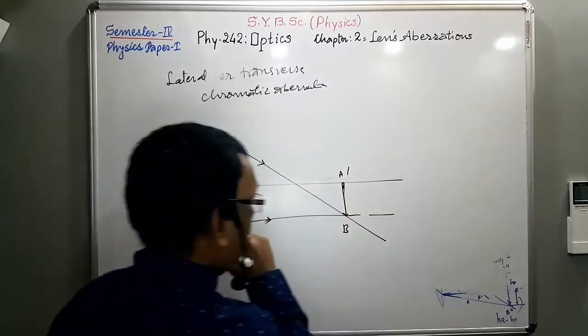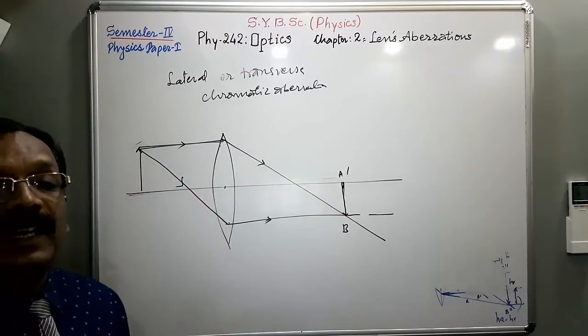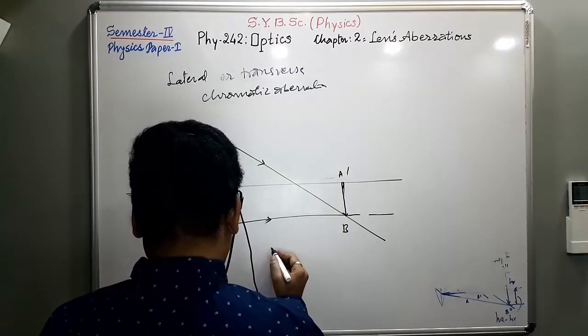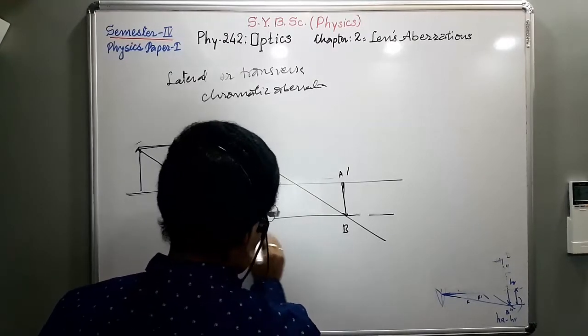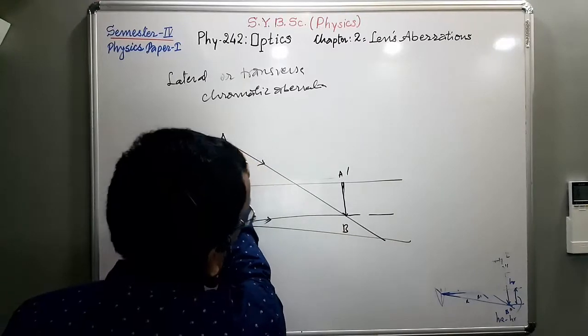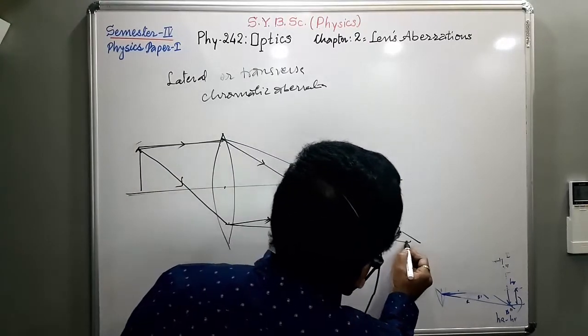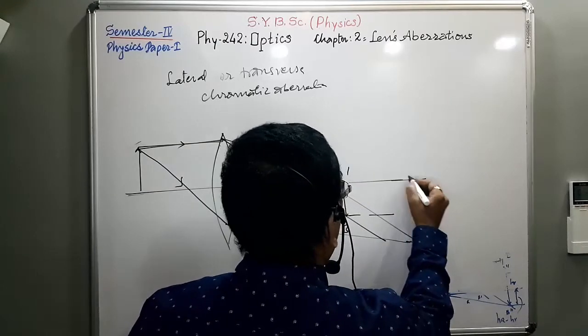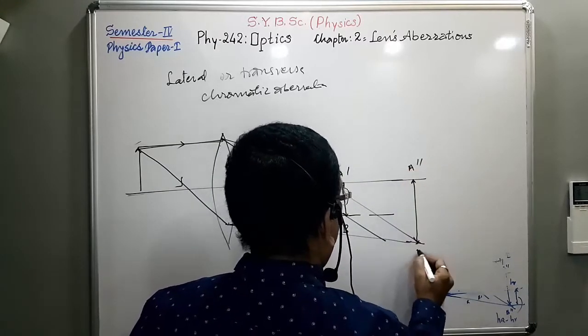This is the image. Now, red rays. Red rays come to focus and give the image here. This is A double prime, B double prime.